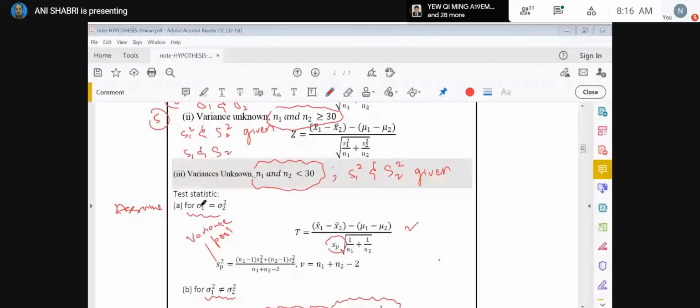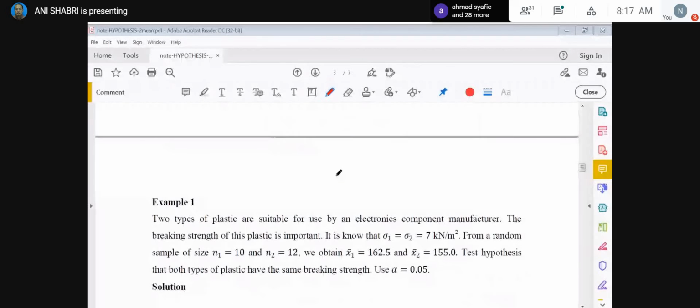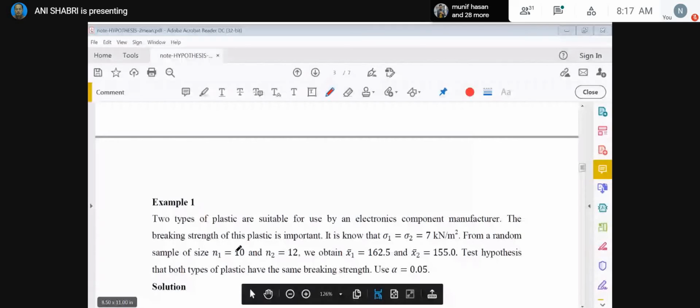Which formula is suitable to answer question 1, example 1? If you see this one, n is 10 and 12, X1 bar 162.5, X2 bar 155, and sigma 1 is equal to sigma 2 is equal to 7. Which formula? Number 4, number 5, or number 6?